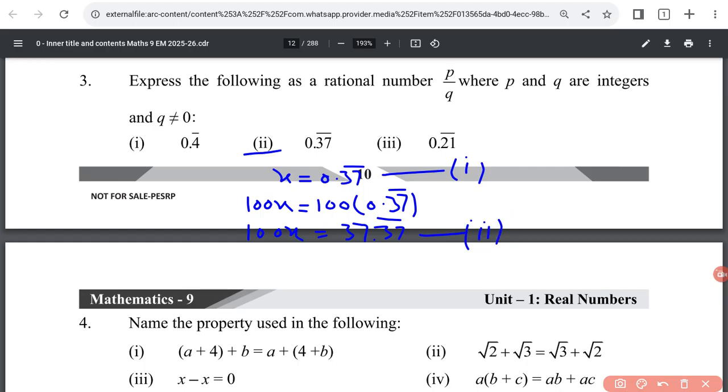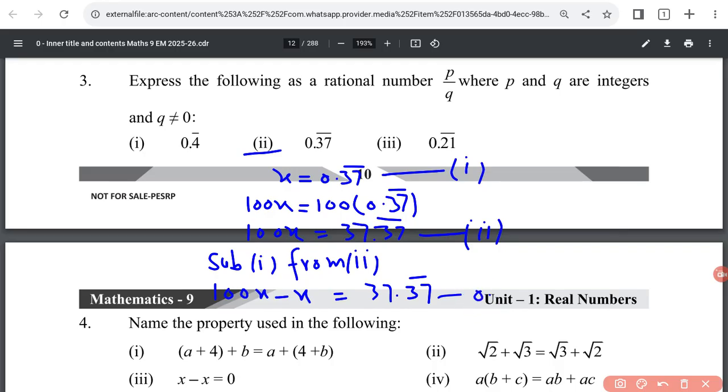So we subtract equation 1 from 2. So we have 100x minus x is equal to 37.37 bar minus 0.37 bar, that is equal to 37.